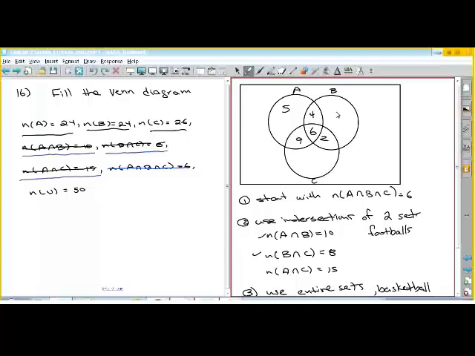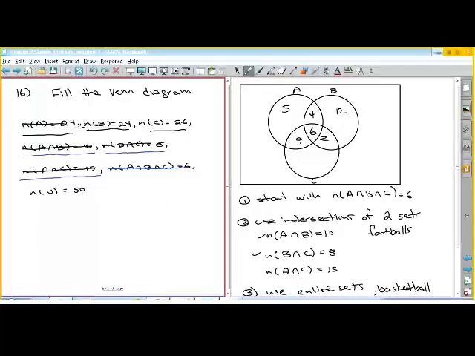So I need a total of 24. So how many do I need to put in here? 12. What's 12 times 2? 12. Okay. So we got those taken care of.